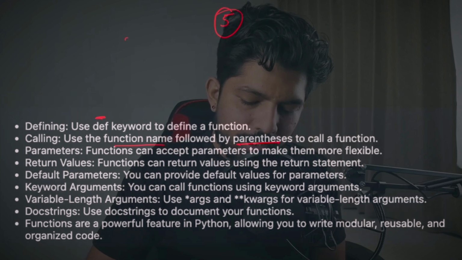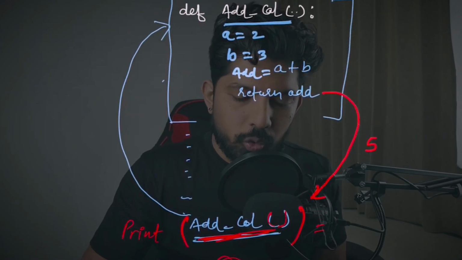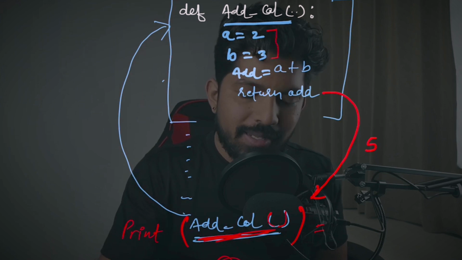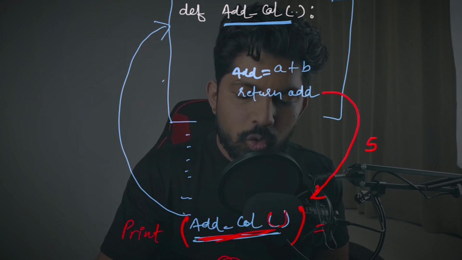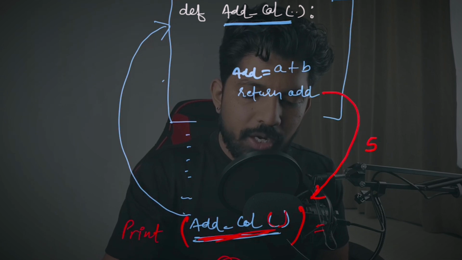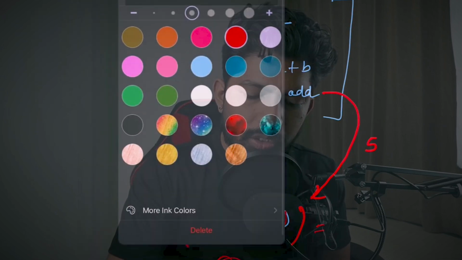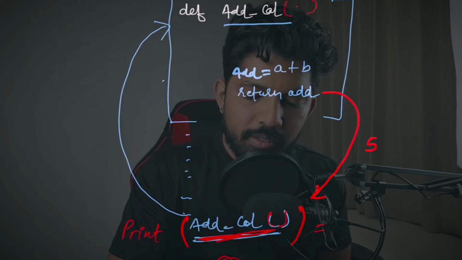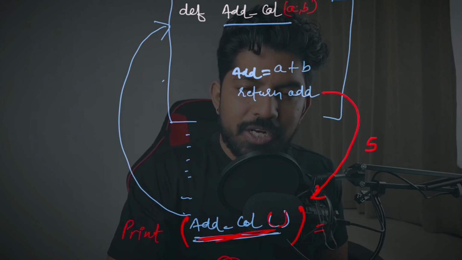Then parameters. A function can accept parameters to make it more flexible. For example, these parameters we have declared inside. So let's say I removed those from the function, and what I can do is write those here. I'll just write A and B. These parameters can be anything.